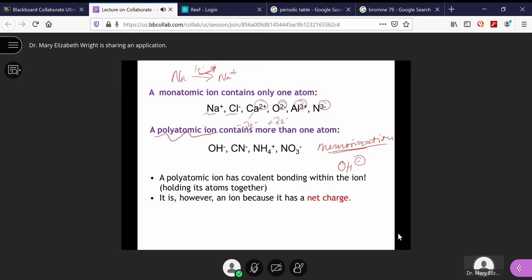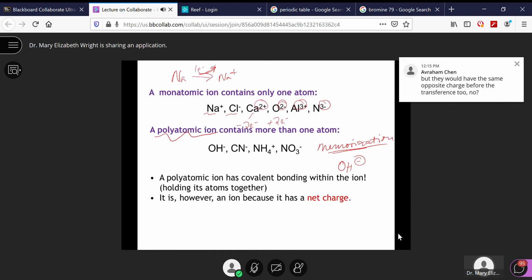It's not as easy to see how an electron might have been gained here to give this a negative charge. You're not really going to understand this well until later in the course when we start talking about Lewis structures. So you're just going to have to take it on faith that certain polyatomic ions have certain charges, and you're going to have to memorize them.